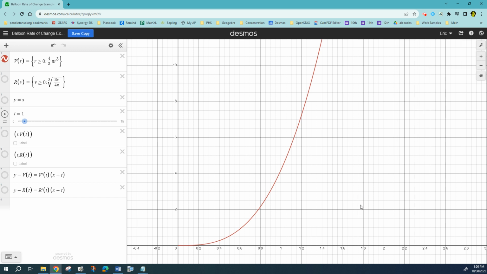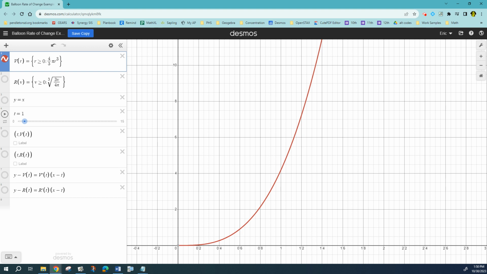So if we have relatively small volumes, a small increase in radius corresponds to only a small increase in volume, right? But when the volumes get pretty big up here, a small increase in radius means a pretty substantial increase in volume, right?